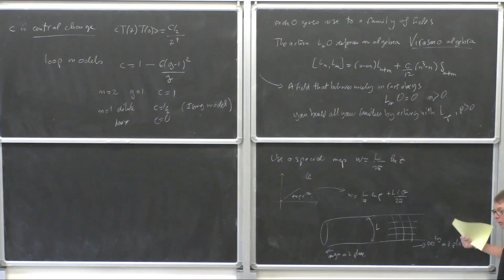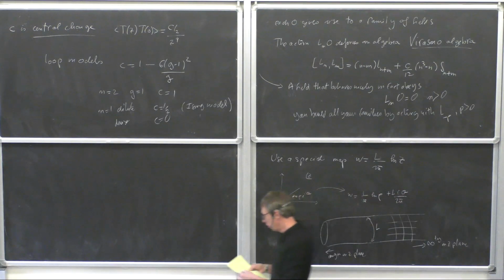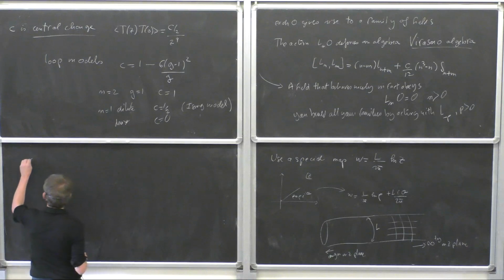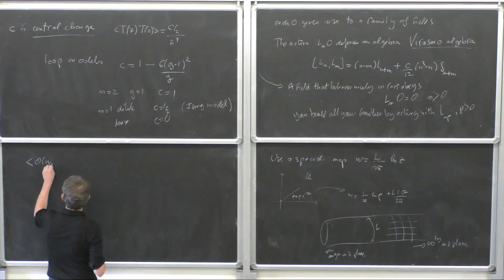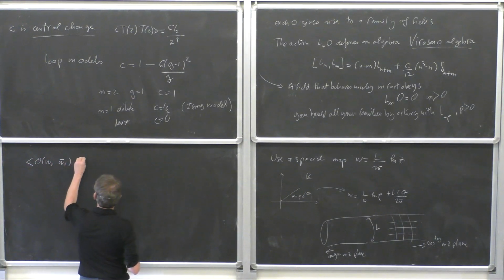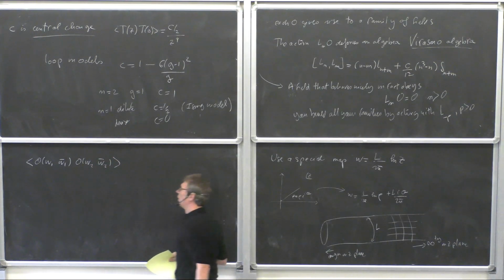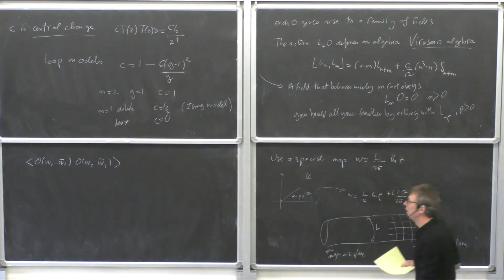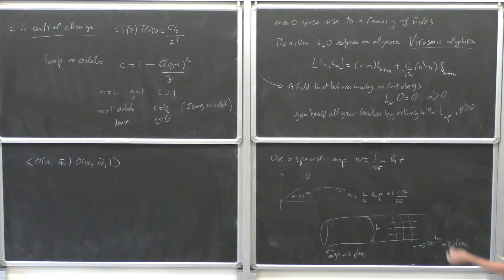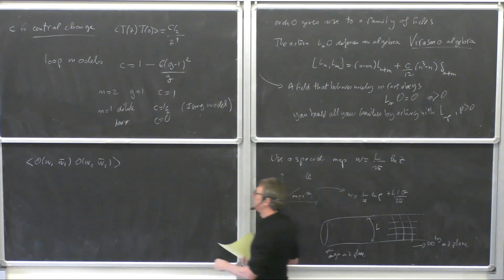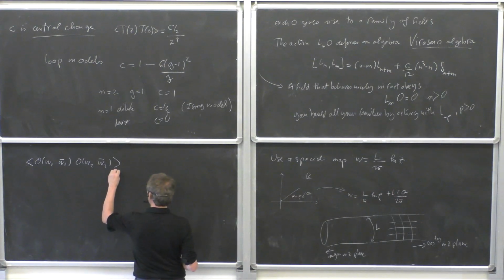But I know what the result from the conformal field theory should be because I can calculate, for instance, the correlation functions of my field O, assuming it behaves nicely, assuming it's the simplest kind of thing in a conformal field theory, I can calculate its two-point function after the conformal map.